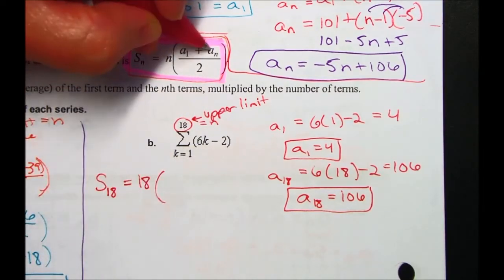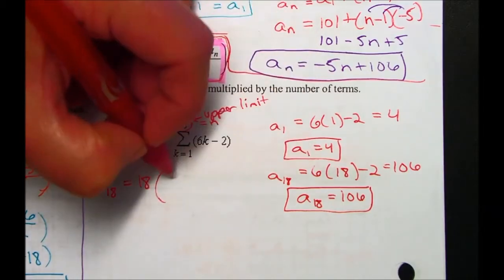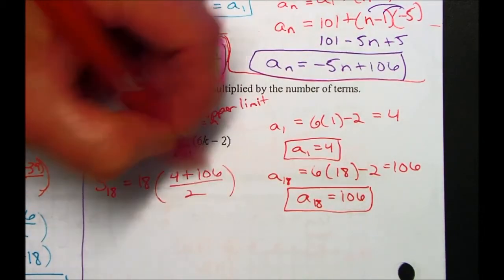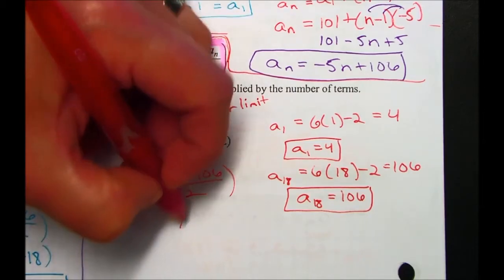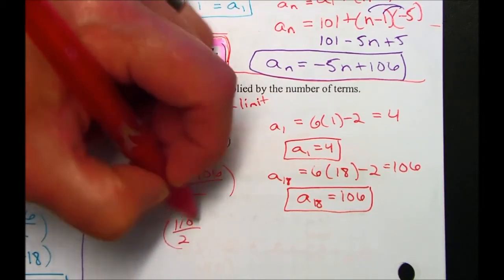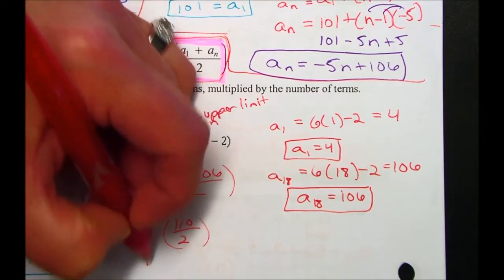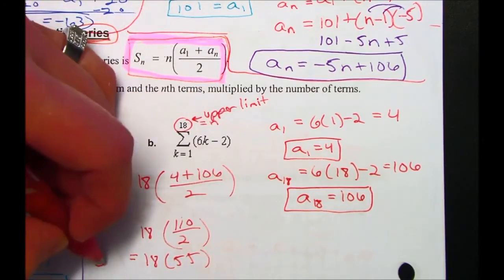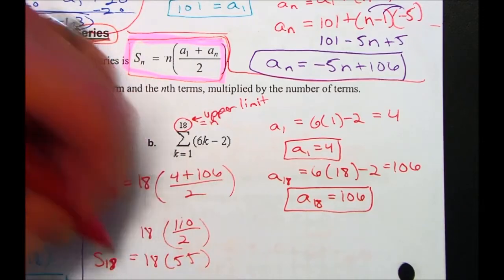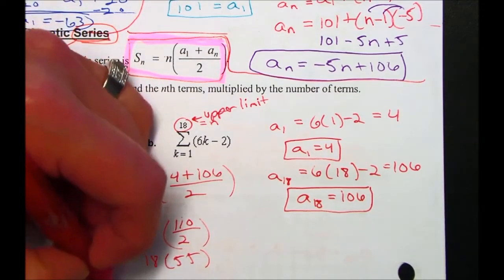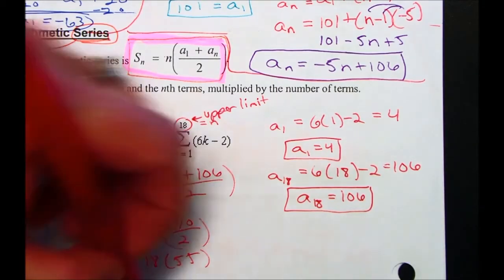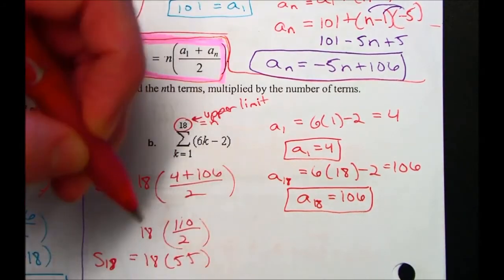Take the first and the last term, add them together, so the 4 and the 106, add those together and divide by 2. So when you add them, you get 110 divided by 2 is 55. Then when you multiply the 18 times the 55, the sum of the first 18 numbers gives us 990.